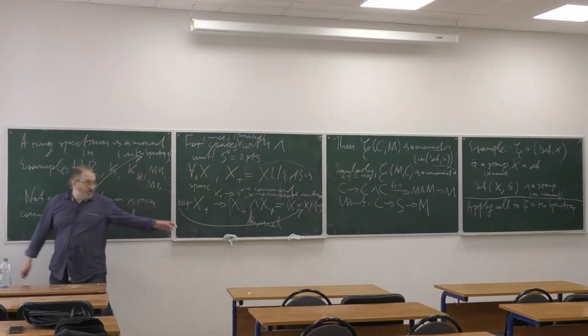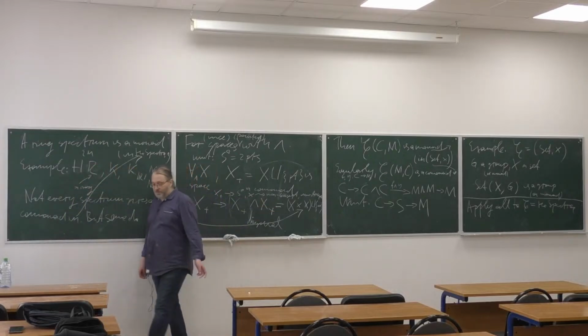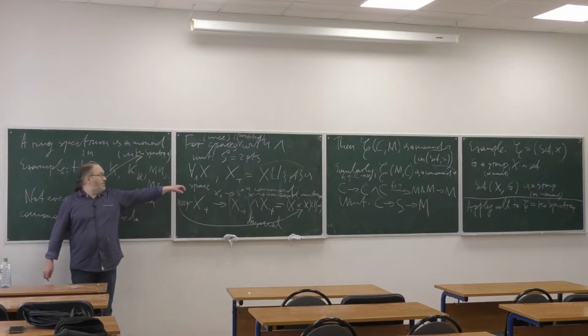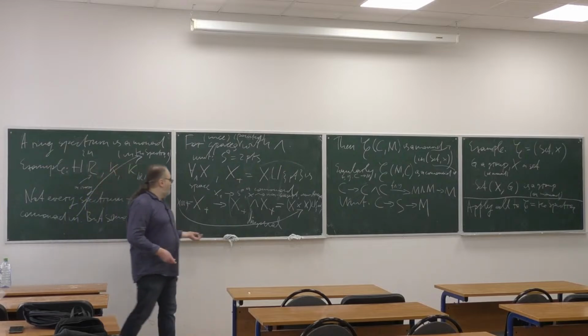And the map from x plus to x naught just takes everything apart from infinity to the non-base point, and the infinity to the base point.